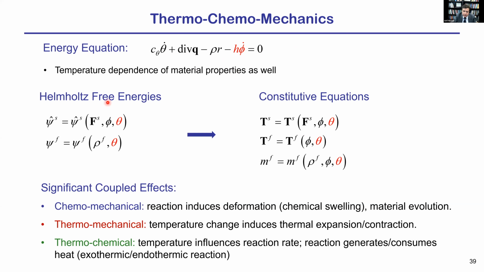So the Helmholtz free energy will have temperature effect, and therefore the constitutive models will have temperature effect. And with this, the significant coupling effects that one can model is chemomechanical, where reaction-induced deformations, or thermomechanical, temperature changes induced thermal expansion, or thermochemical, where temperature influences the local reaction rate. So this becomes a very interesting set of problems.